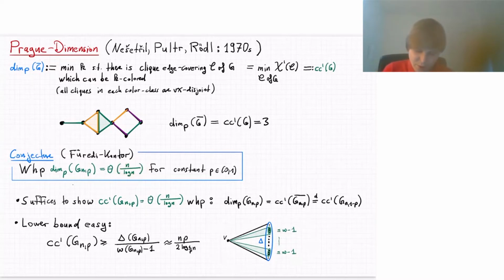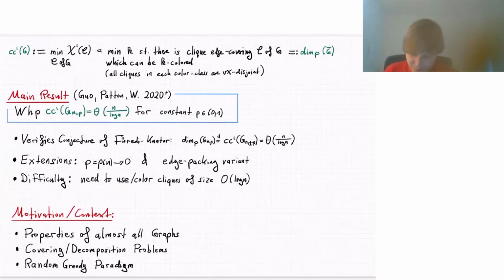So we need to use lots and lots of these pretty large cliques of size order log n, and this causes some technical difficulties, in particular when we try to color these cliques. Many standard results for covering or the chromatic index of hypergraphs are valid for edge uniformities of constant size, not when these edges grow as a function of n.